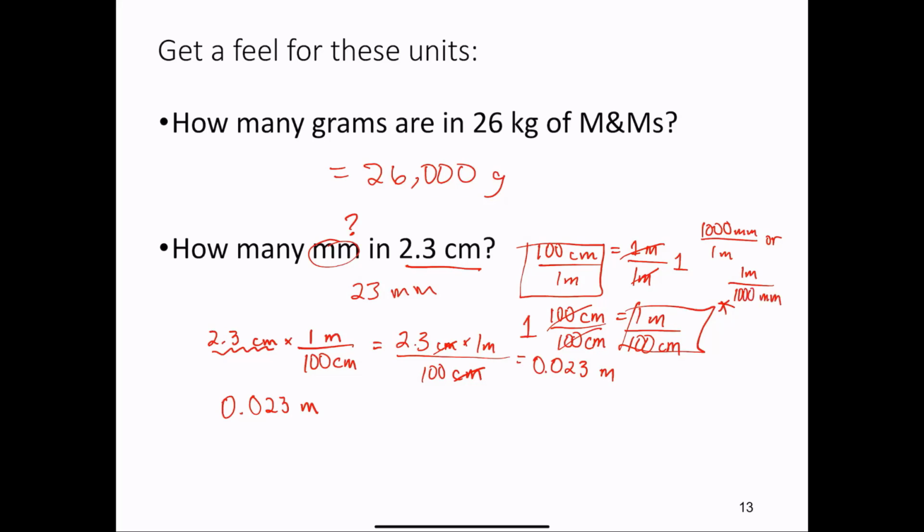So now what do you think? If I want to get into millimeters and end up with millimeters on top and no meters anywhere, which of these two fractions should I use? That's right. We want to use the top one. All right, so I'm going to multiply by 1,000 millimeters divided by 1 meter.